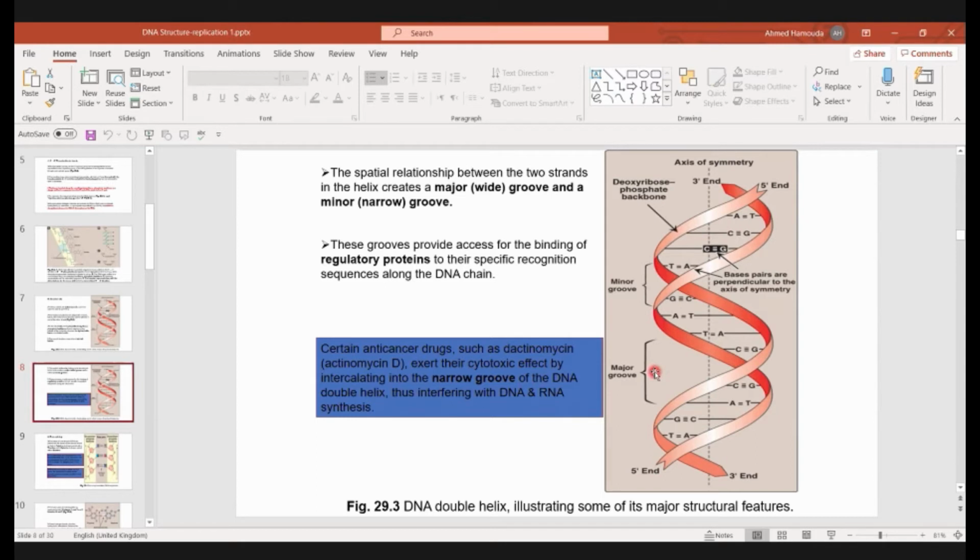It can help the gene to be switched on or off. And some of the cancer drugs, like dactinomycin, also known as actinomycin D, stick to these grooves and do not allow the gene expression, and therefore the DNA cannot be replicated and the cell will die. So this is a treatment in cancer. Basically, the dactinomycin sticks to the narrow groove, which is the minor groove.